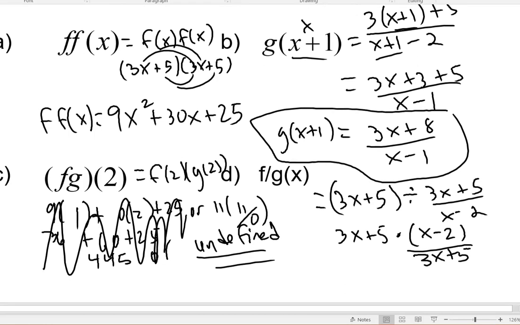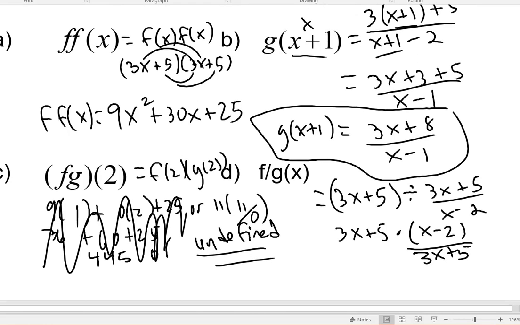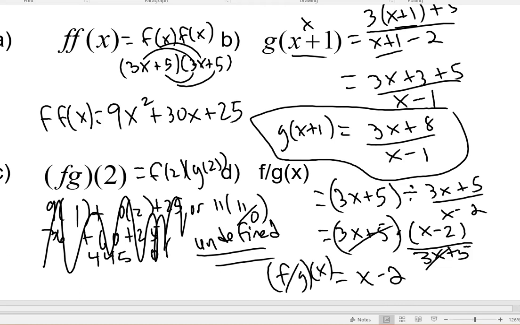What's kind of cool about this one, which is why I did it, is the 3x plus 5 would simplify this time, right? This group would cancel with this group and leave me with just x minus 2. So I like how that simplifies, but I do want to encourage you again, there are restrictions on this domain. See, the original g of x cannot be 2.